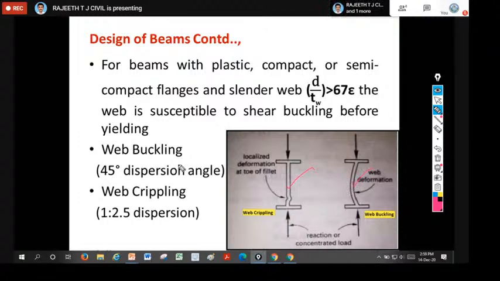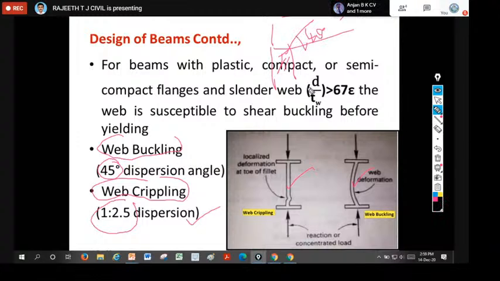For that, we have a general formula in the code book, but what you need to remember is that for web buckling, the dispersion angle must be taken as 45 degrees. In the case of web crippling, we should take a 1 to 2.5 slope of dispersion. If you have a beam with a support, then for web buckling we take 45 degree dispersion.